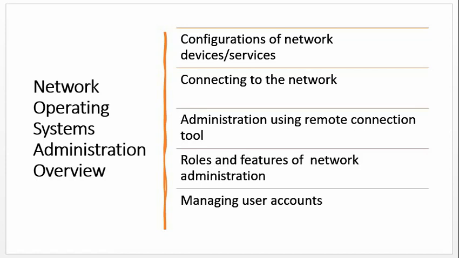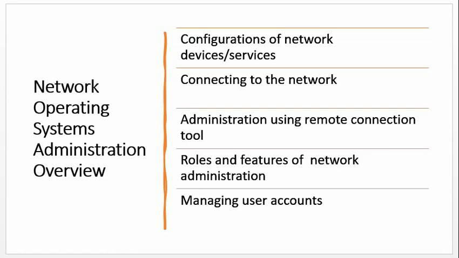So today we want to look at the last aspect of our course, that is our course outline, and the following are the main areas that we are going to be looking at that focus on administration of networks. So we'll first look at how you configure network devices or network services.